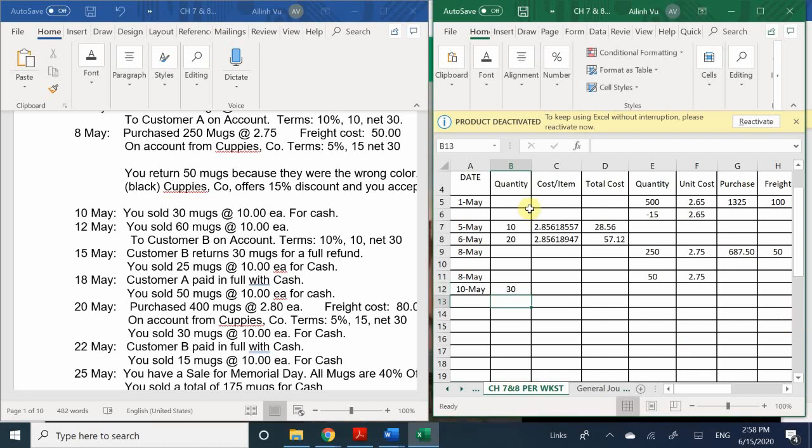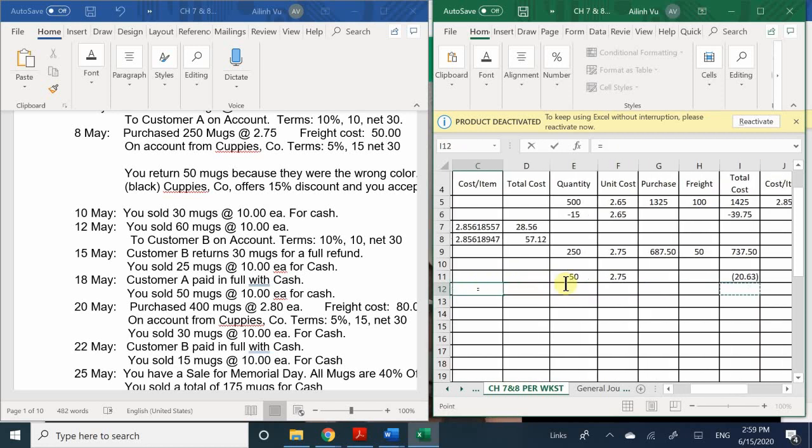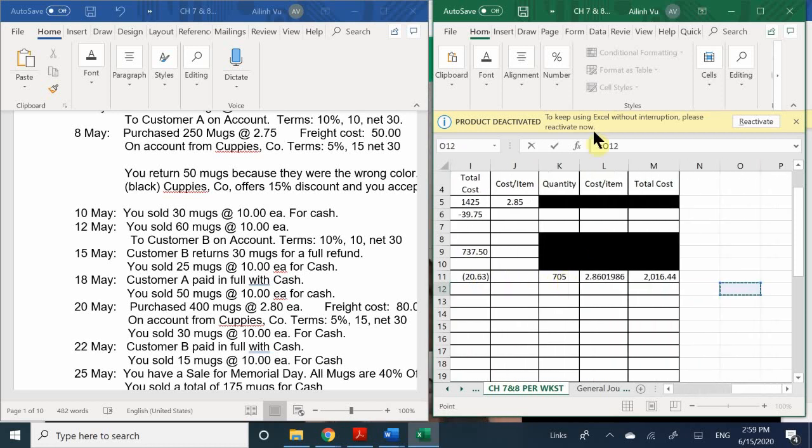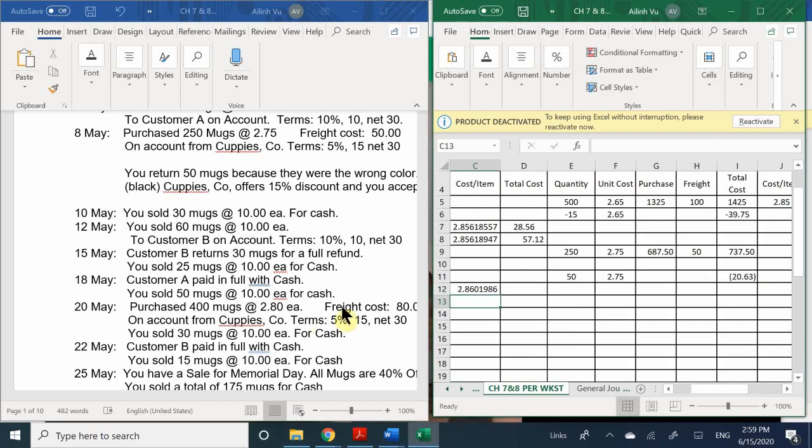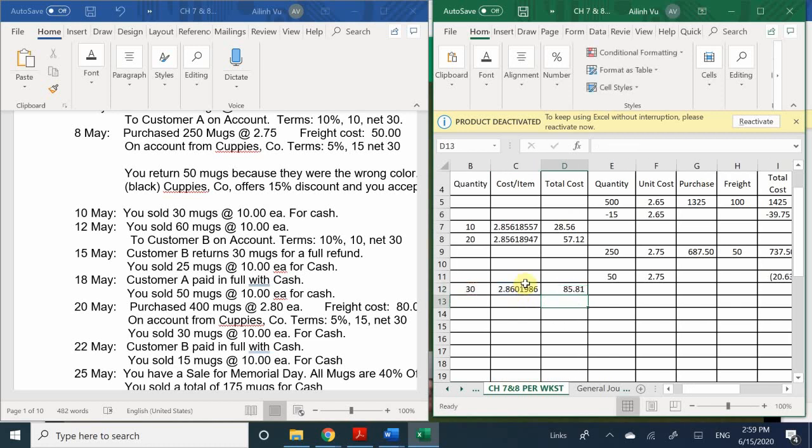At what price did we sell this amount? 2.8601986. It's a mouthful. We multiply these two numbers and we should get $85.81. Okay. Did everyone get that?